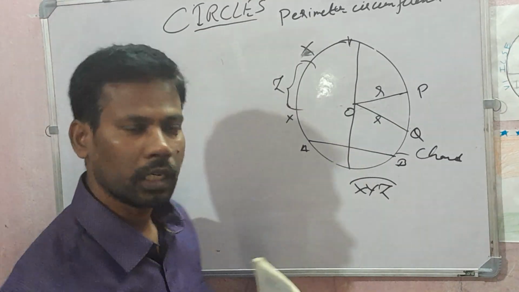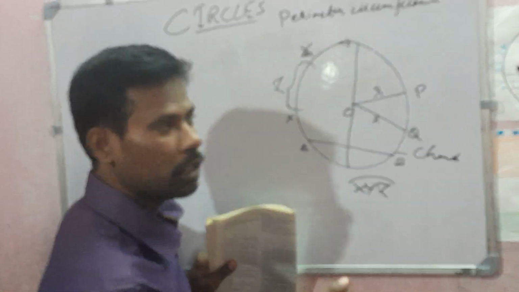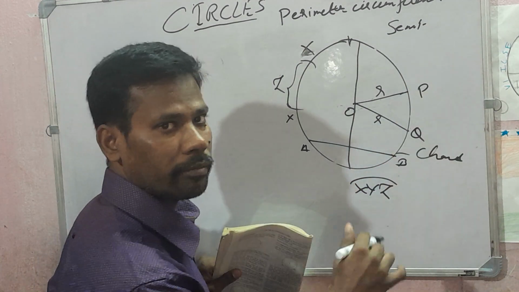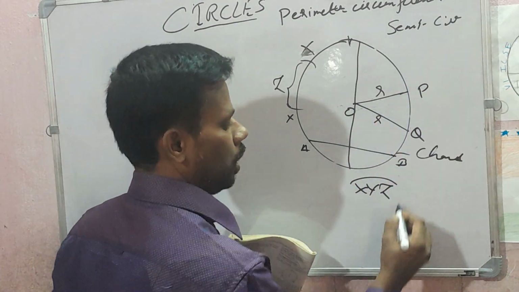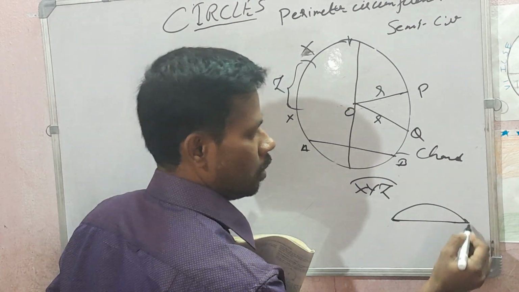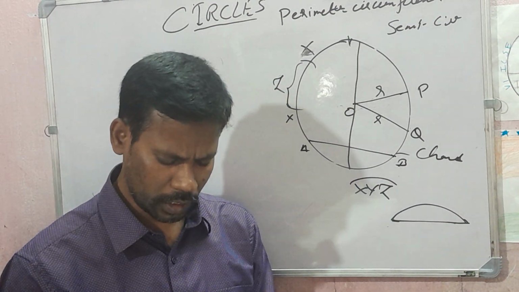Next, semicircle. The word itself suggests semi. Semi means half circle. Half circle means like this. So semicircle means half of the circle, right?